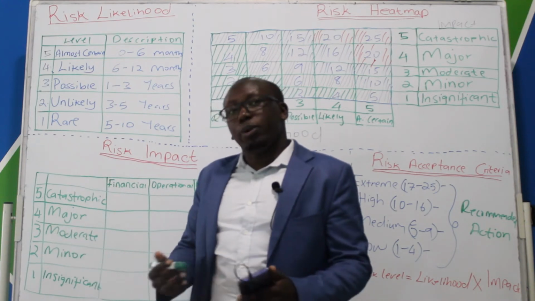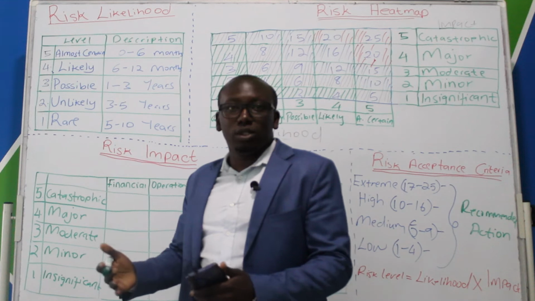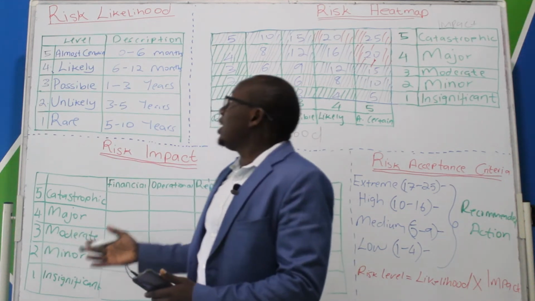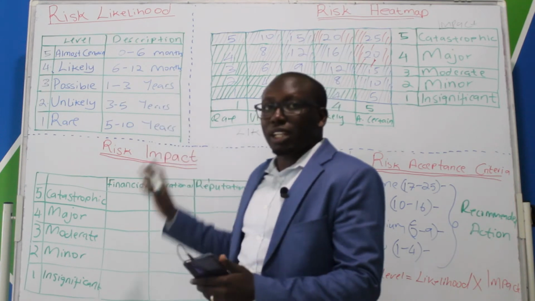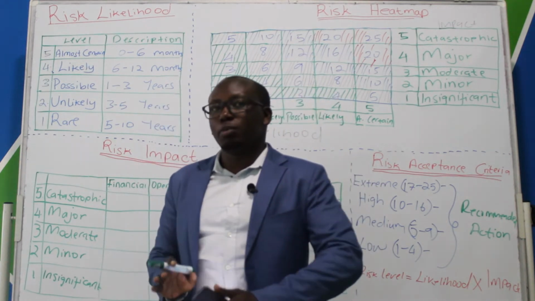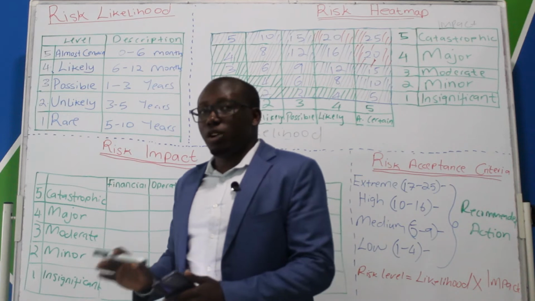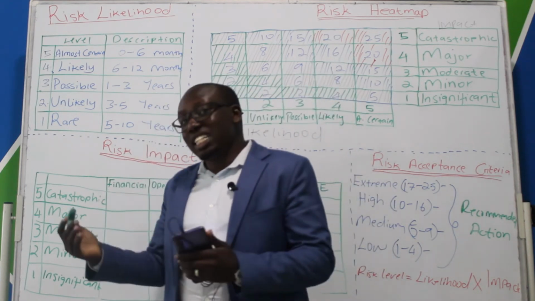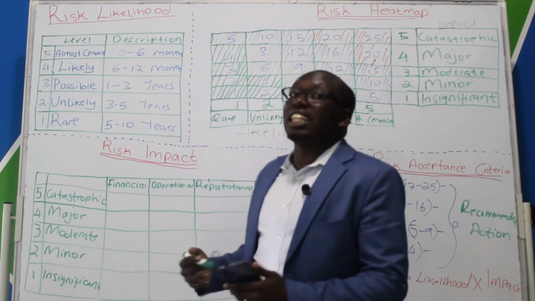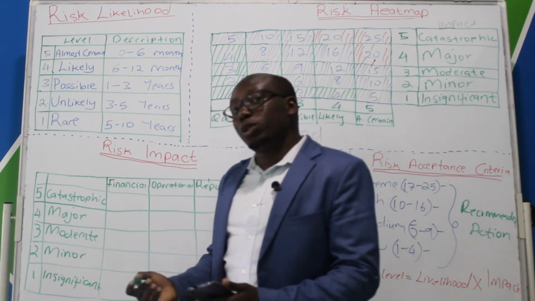If a lot of your projects usually take 6 to 12 months, then that has to be reflected here. So the criteria is custom made to the context of every organization. You cannot just go on the internet and download a criteria and start using it. You actually have to put some work into it.